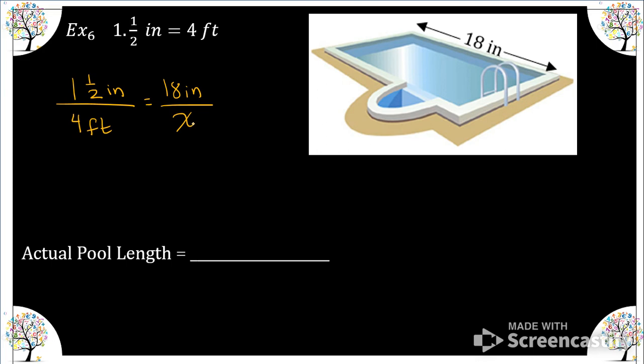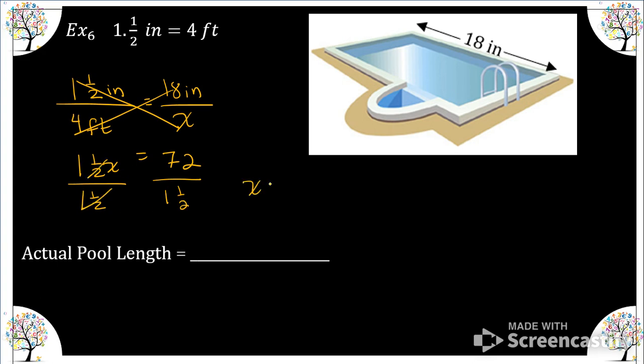So we're going to cross and multiply, 18 times 4. We can use our calculator, divide by 1.5. And x equals 48, and that is 48 feet for the actual pool.